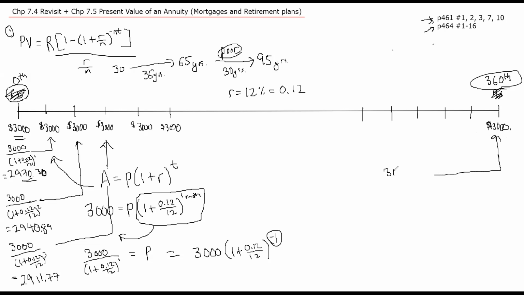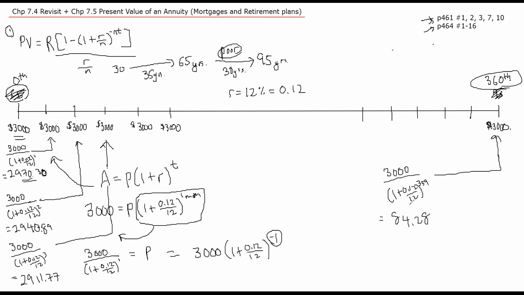Well, that would be 3,000 divided by 1 plus 0.12 divided by 12 to the power of 359, right? I only need $84. And in 30 years, it's going to grow to 3,000. Not a bad deal if you think about it.